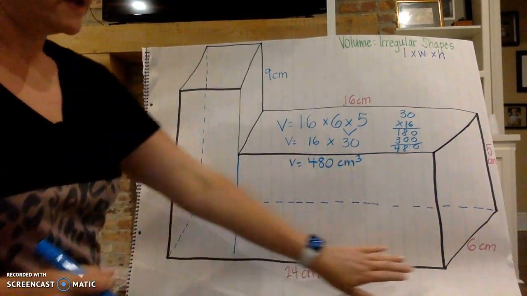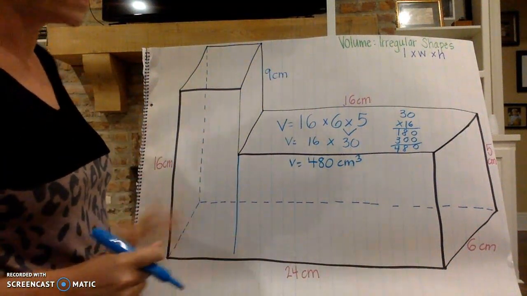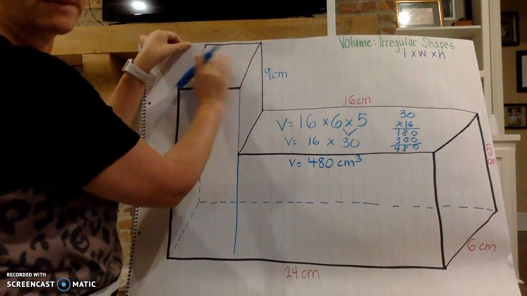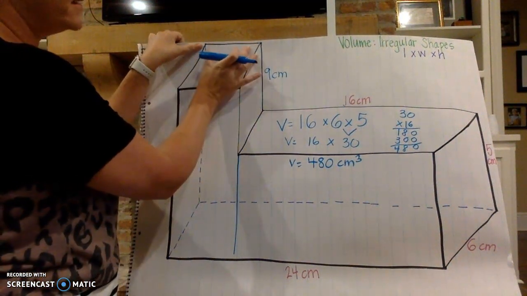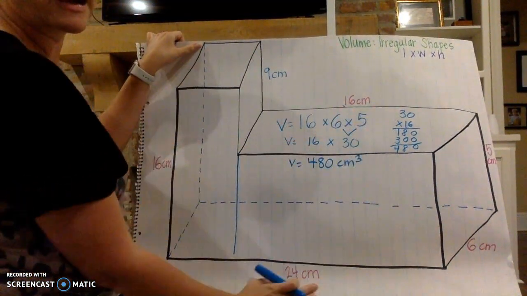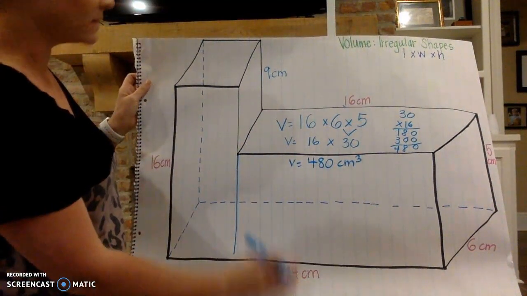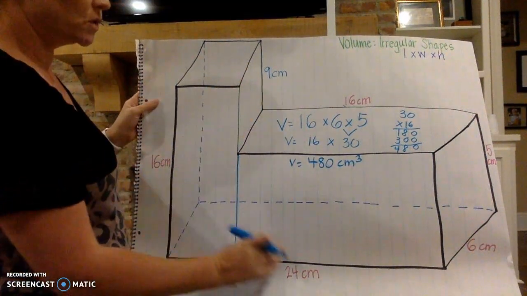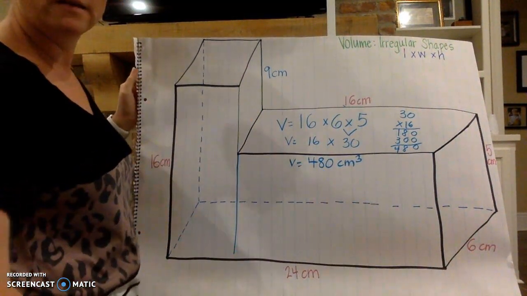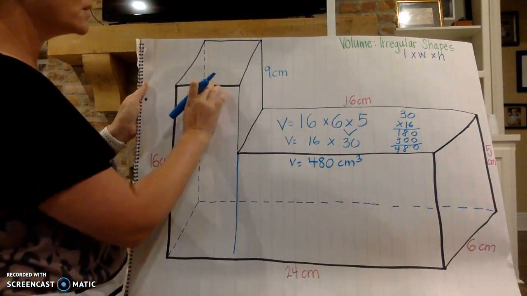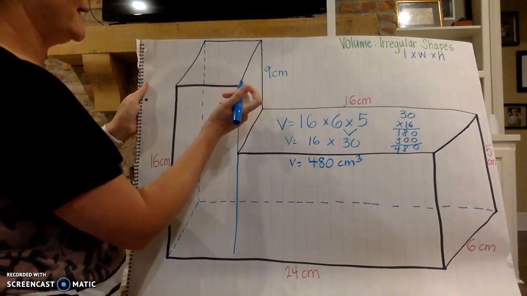I also know that the entire length here is 24, and this is 16. So I've got to figure out what this is up here. Well, if I add this plus 16, I will get the total length of 24. So what I need to do is to subtract to figure out this missing part. So 24 minus 16 is going to get me 8.